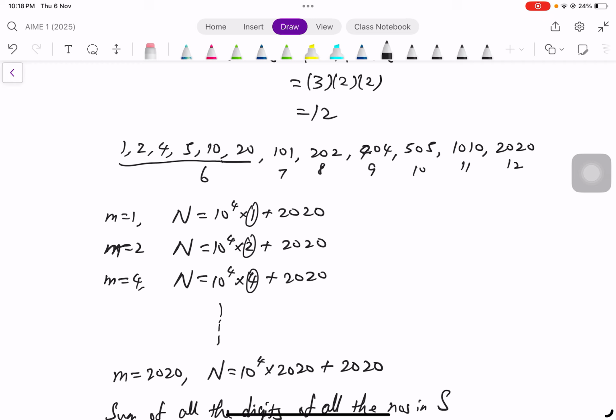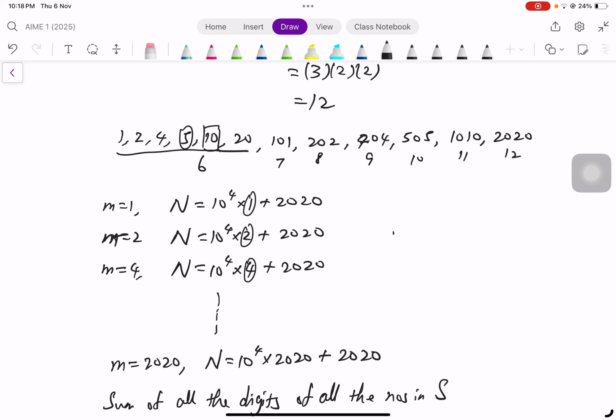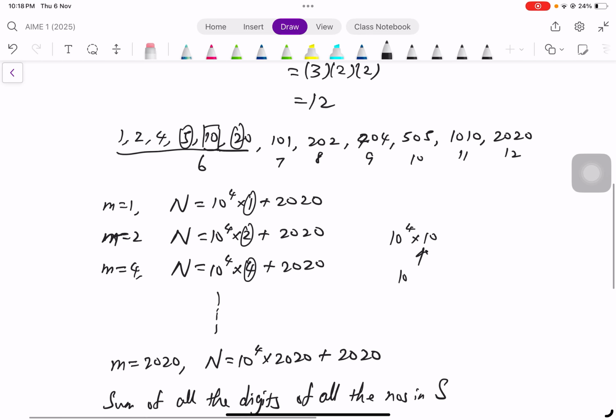Then the next one is 10, but 10 to the power of 4 times 10 only has the digit 1 counted. And then followed by 20, where only the 2 is counted in terms of digit sum.